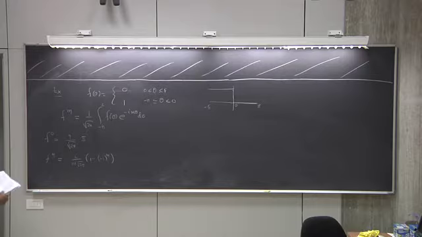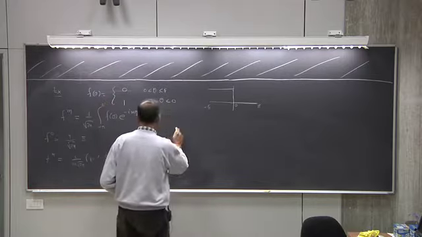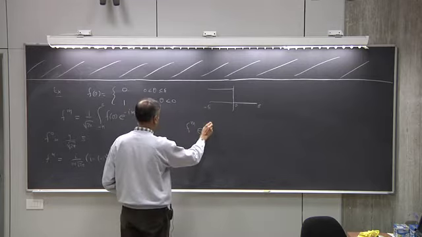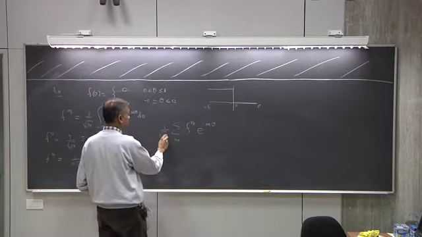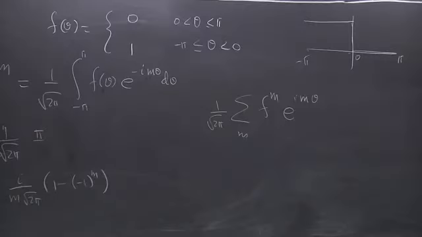Okay, so now let's consider the sum of f_m e to the power of i m theta summed over m, times 1 over root 2 pi. The question is, does it give you back f of theta or not?